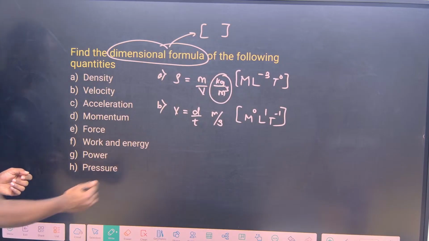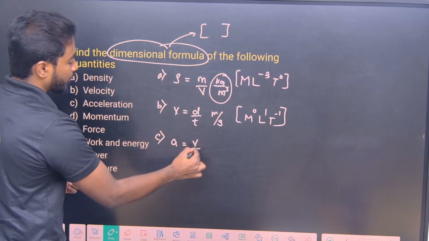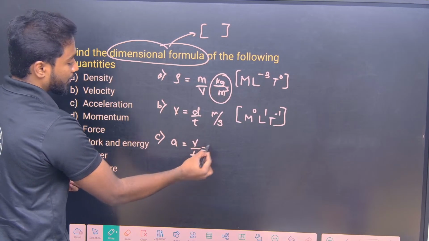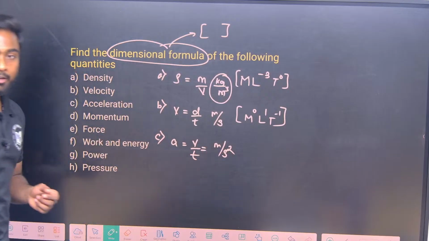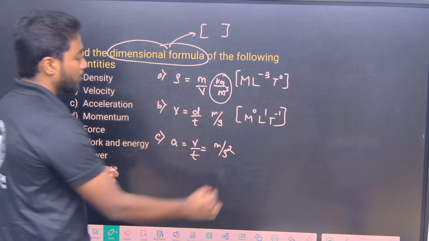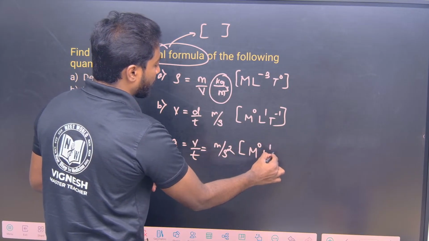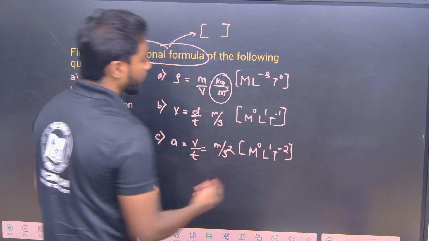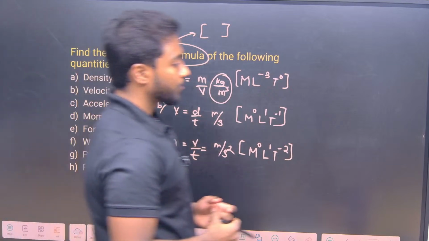What about the third one? Acceleration is nothing but velocity by time, which is meter per second square. So the dimensional formula is M power 0, L power 1, T power minus 2. This is the formula for the third one.